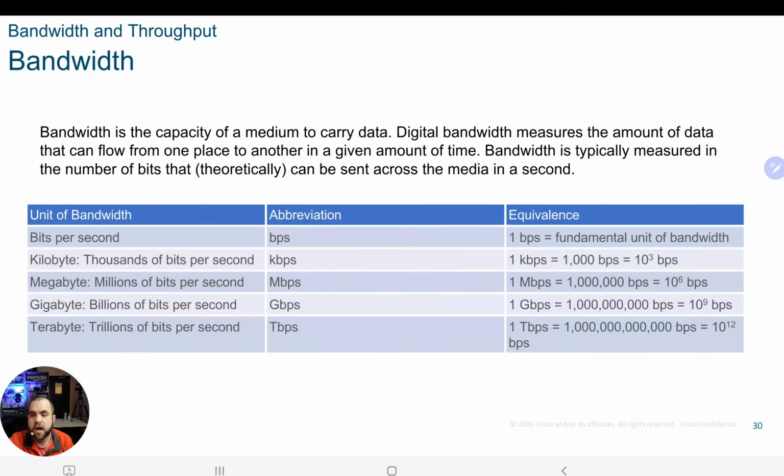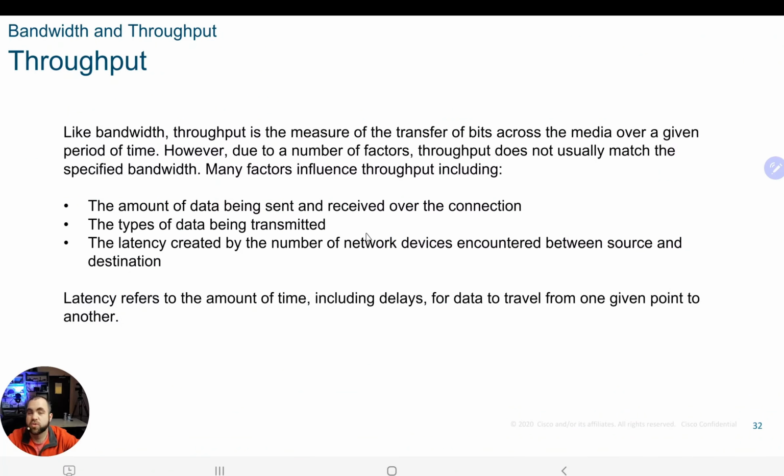That is our megabits per second. If we have 1 billion bits per second, it's gigabits per second. If it is trillions, that's going to be terabits per second. And you'll see what that equivalent is here on the right-hand side. So we start off with just bits per second, and then kilobits per second, megabits per second, gigabits per second, terabits per second. Okay.